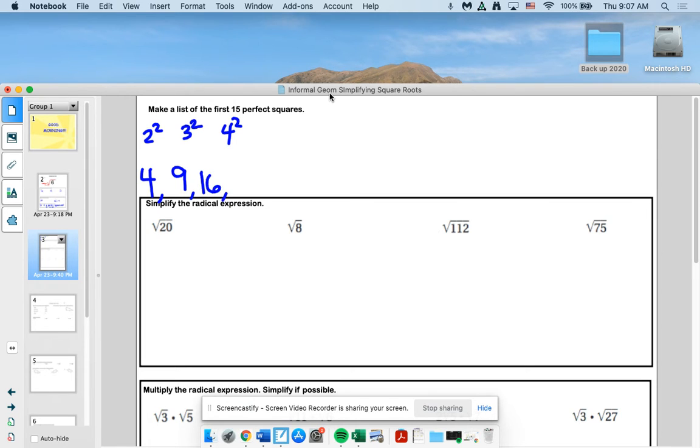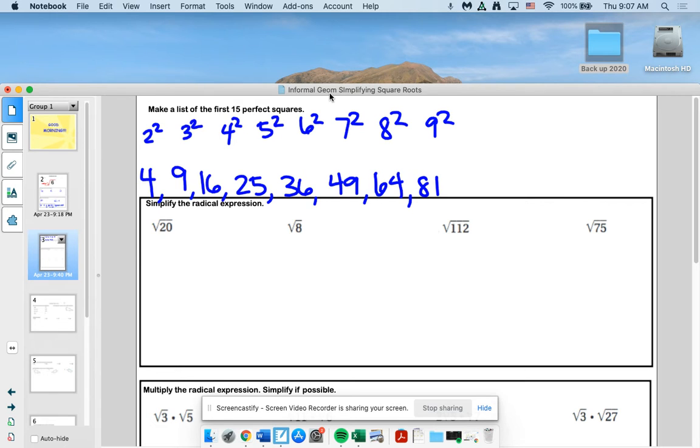Perfect. 5 squared. 25. Yep. You guys kind of see what's happening? 6 squared is 36. 7 squared, 49. 8 squared, 64. 9 squared, 81. 10 squared, 100. 11 squared, 121.